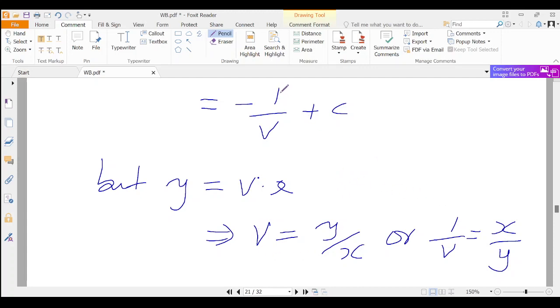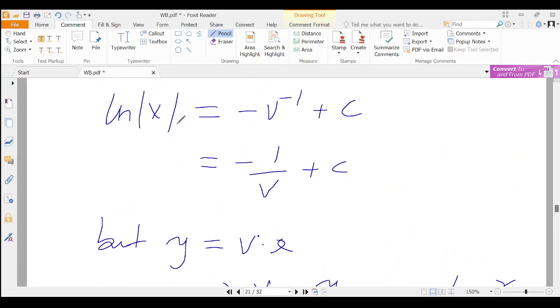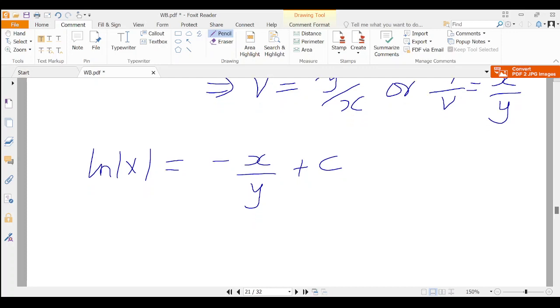So where we have 1 over v, we can write x divided by y. So our solution, which was ln of x is equal to minus 1 over v plus c, we can write it as ln of x is equal to minus x divided by y plus c, where c is an arbitrary constant of integration. So basically, this is the general solution of the differential equation.